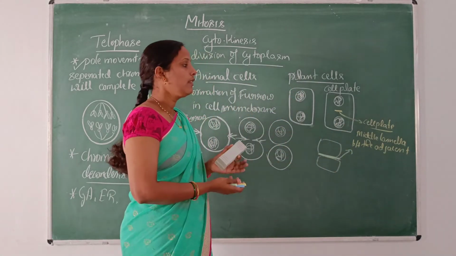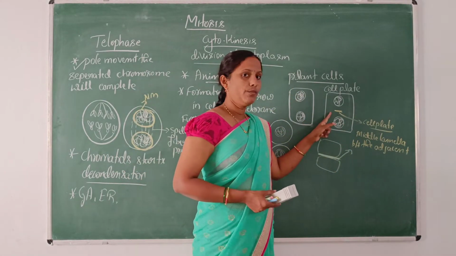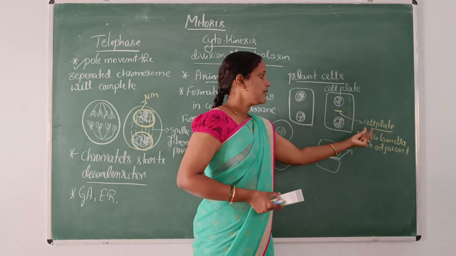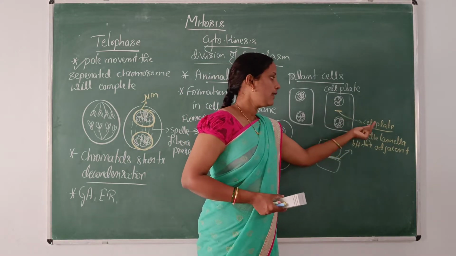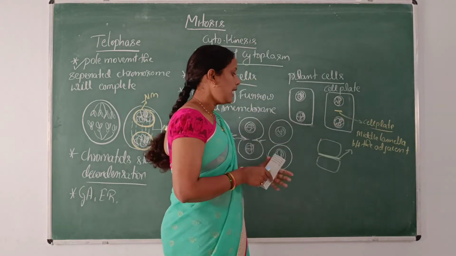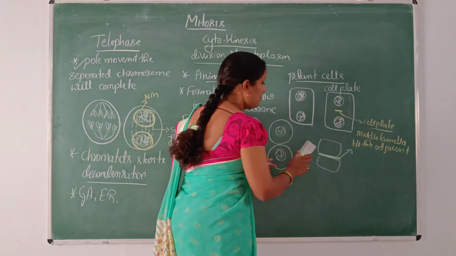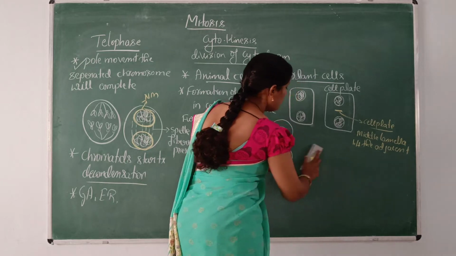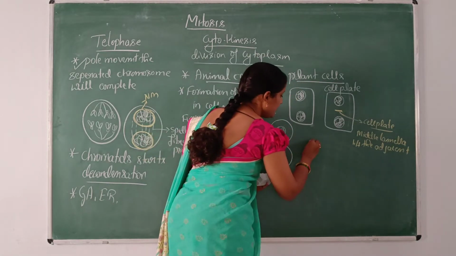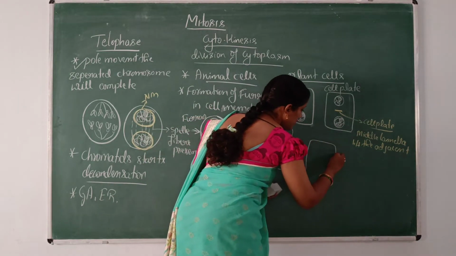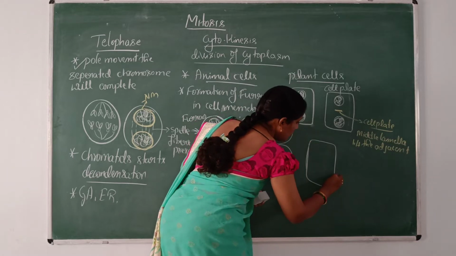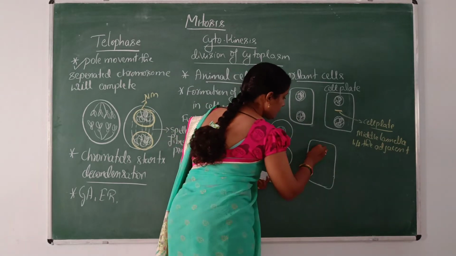So when the cell plate formation begins, this cell plate will grow on both sides, like this.